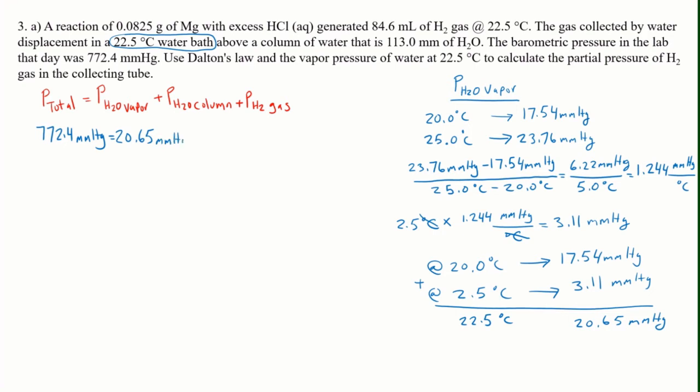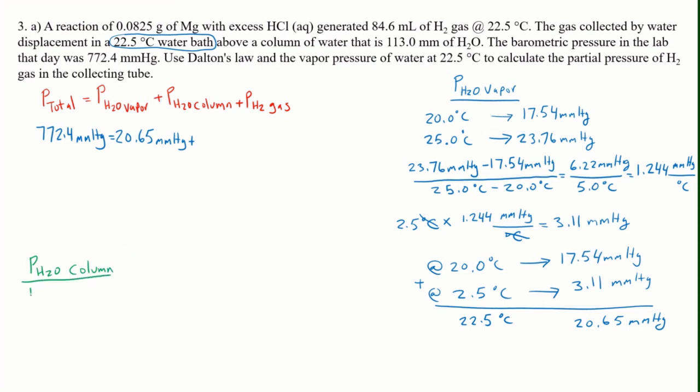millimeters of mercury. So there's only one more measurement left before I'm able to calculate the partial pressure of hydrogen gas, and that is the pressure of the water column. In order for me to find the pressure of the water column, I need to look up two densities.